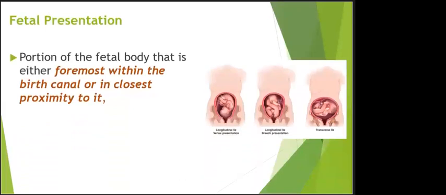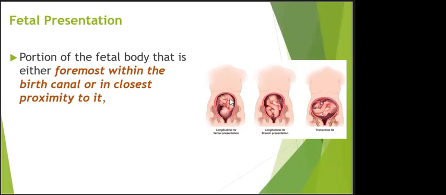Then we have fetal presentation. This can usually be felt when you do a vaginal examination, an internal examination, when the patient's cervix is already dilating. It is the portion of the fetal body that is either foremost within the birth canal or in closest proximity to the birth canal.